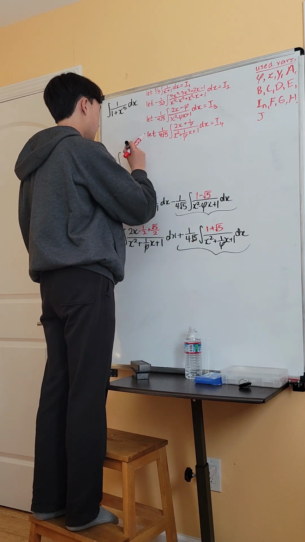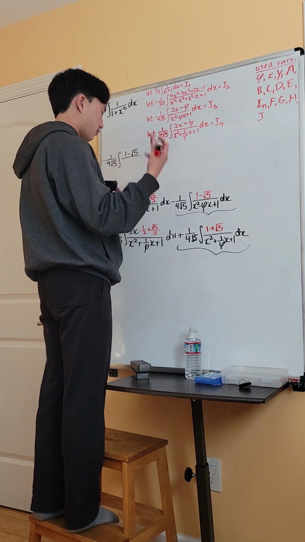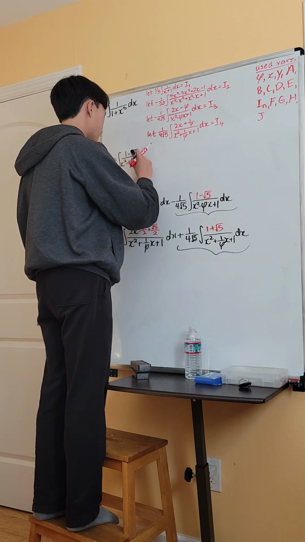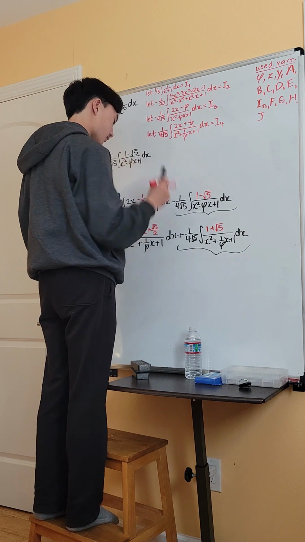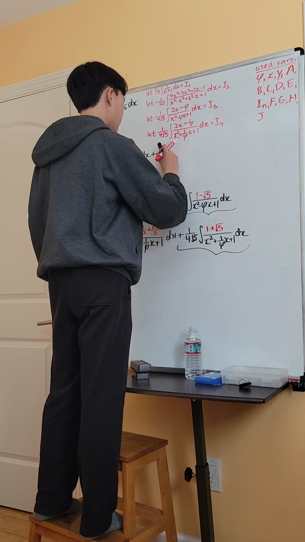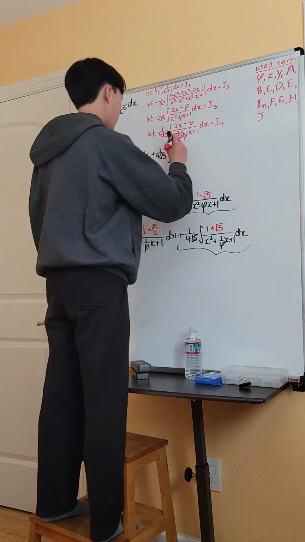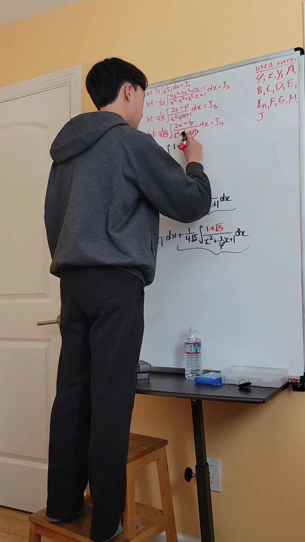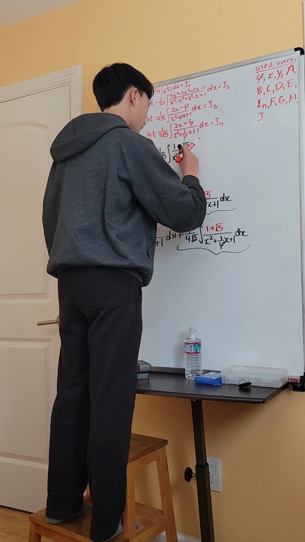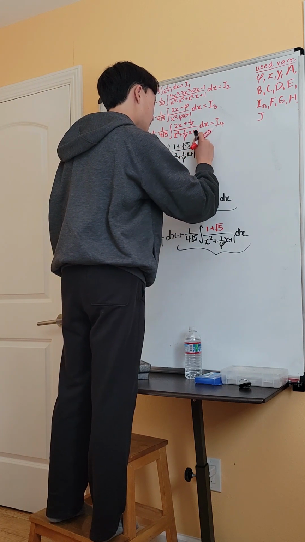And this is a very difficult part to wrap your head around, but then you add 1 over 4 root 5 times the integral of 1 plus root 5 all over x squared plus 1 over 5x plus 1 dx.